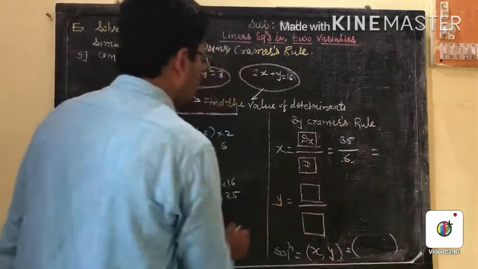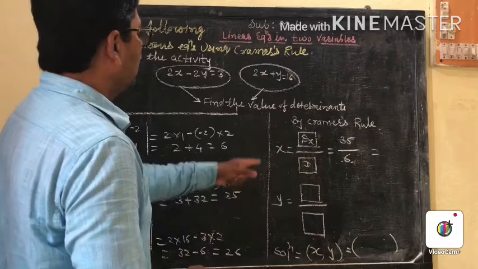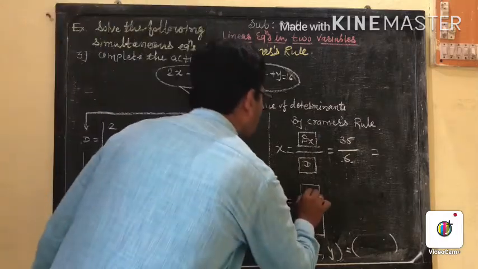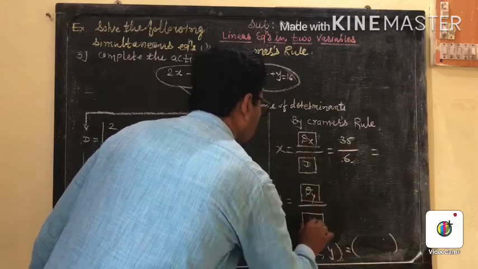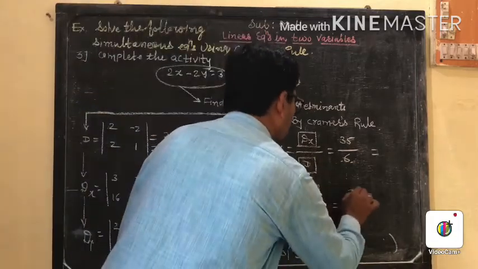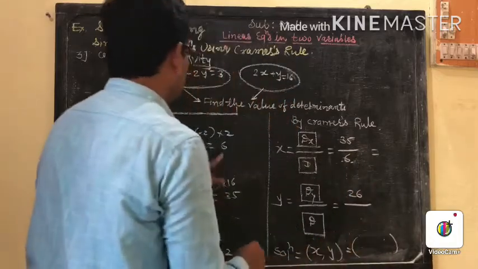And y is equal to, value of y is equal to Dy upon D, and what is the value of Dy, 26, divided by D, which is 6.